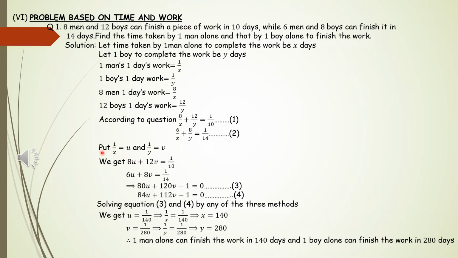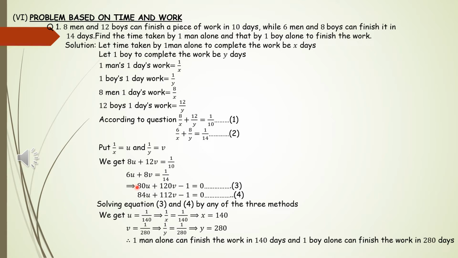So we need to use substitution, that is, equations reducible to linear form. On substituting 1 by x equal to u and 1 by y equal to v, it becomes 8u plus 12v equal to 1 by 10 and 6u plus 8v is equal to 1 by 14.